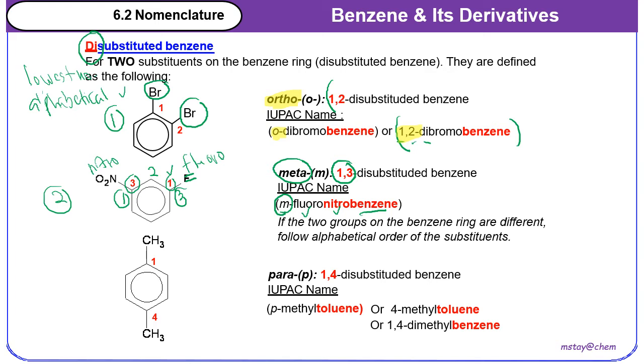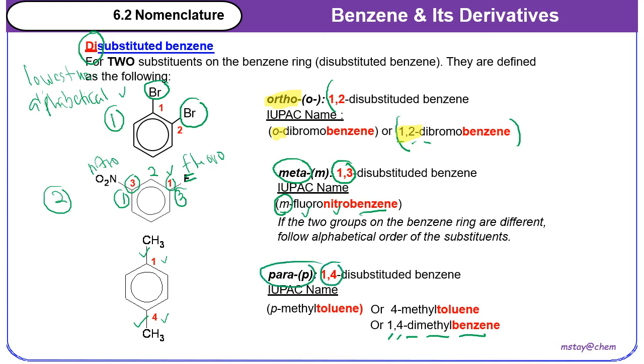If you notice, two substituents are opposite to each other like this, so basically it refers to the number 1 and 4. It will be known as 1,4-dimethylbenzene. The symbol for 1,4 is para, P.